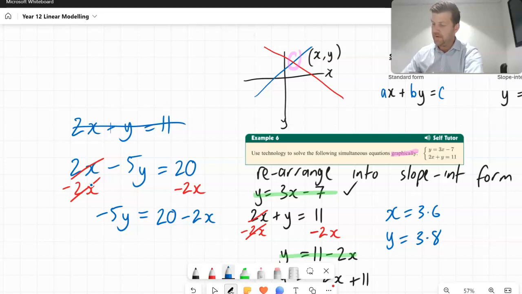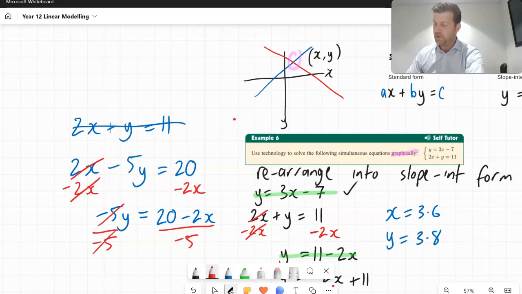And then I have minus 5y on the left-hand side. I need to get rid of that minus 5. Now, I'm not going to add minus 5 because the operation between the coefficient and the variable is multiplication. So the opposite of multiplication is to divide. So divide by negative 5 on the left-hand side, which means I divide by negative 5 on the right-hand side.